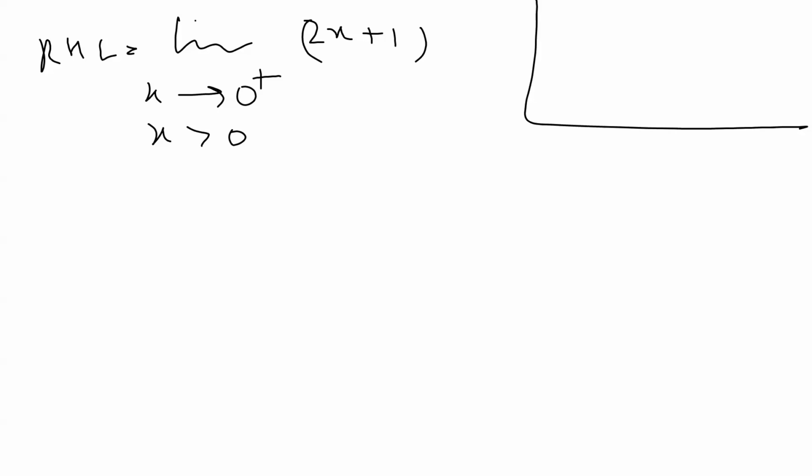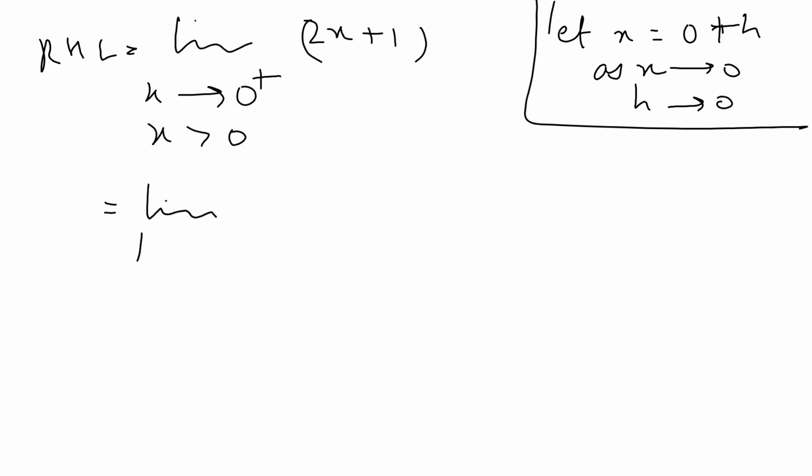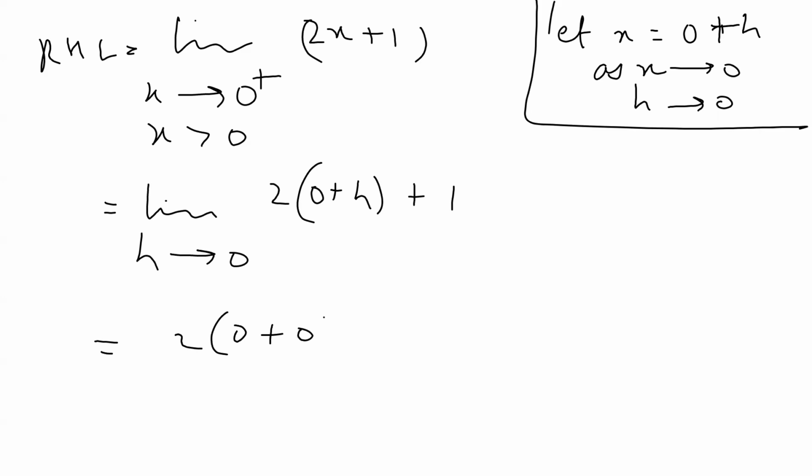Let x equal 0 plus h. As x approaches 0, h will also approach 0. So limit h approaches 0, 2 into 0 plus h plus 1. Now there is no denominator, so you can just put the value of h as 0, and we cannot simplify also.